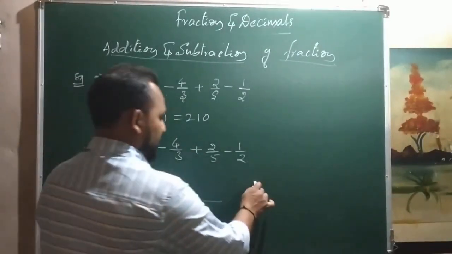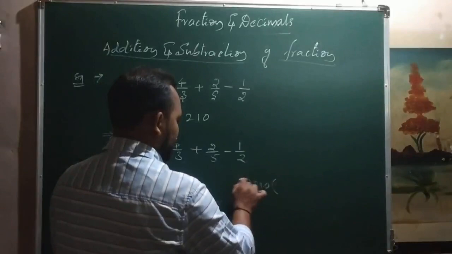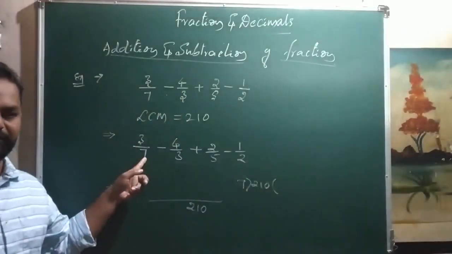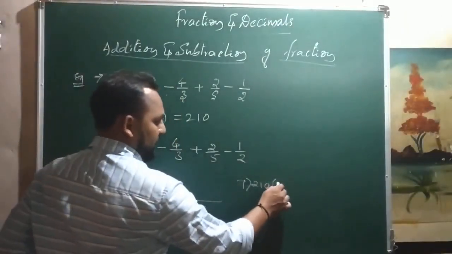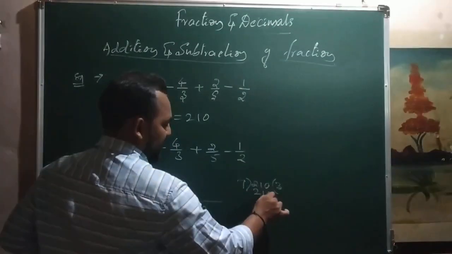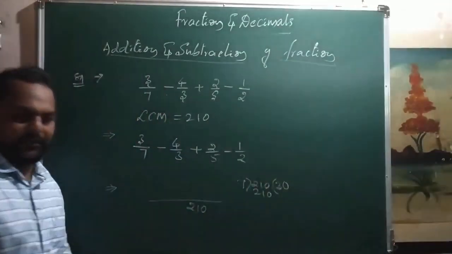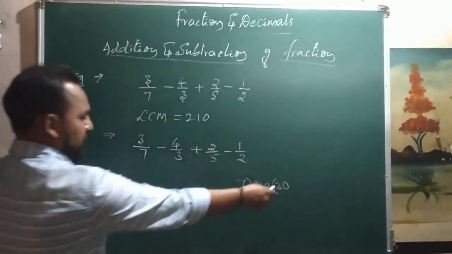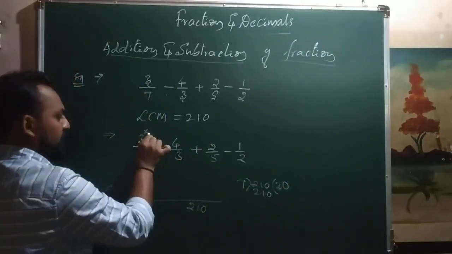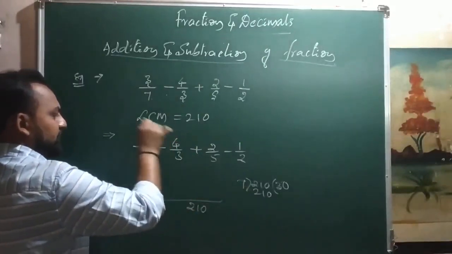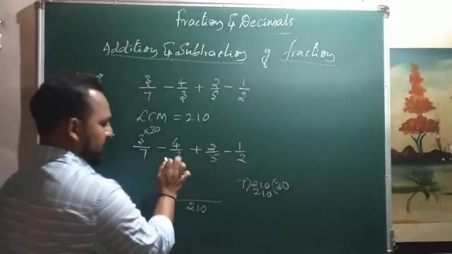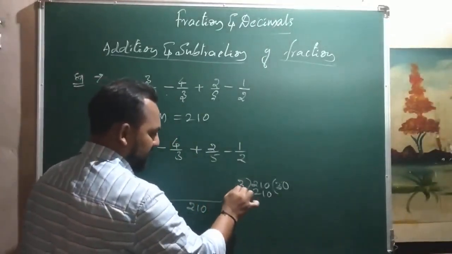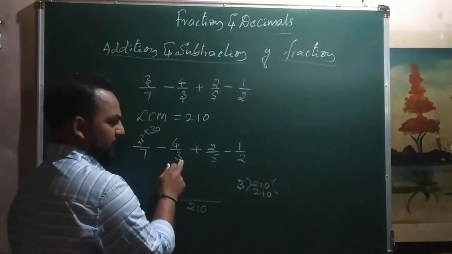Here, 210 divided by 7: 7 3s are 21, it means 7 30s are 210. The quotient is 30, so multiply the numerator by the quotient 30. Next denominator is 3.